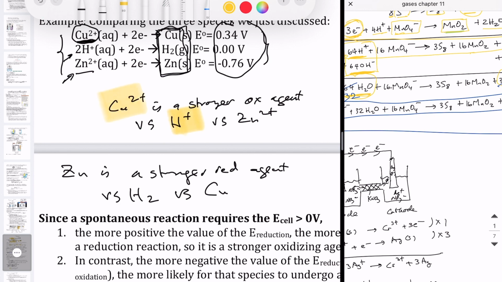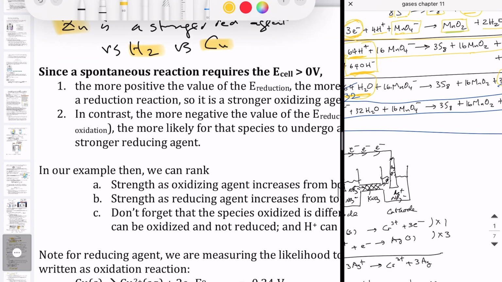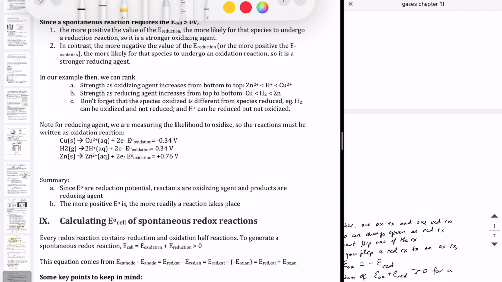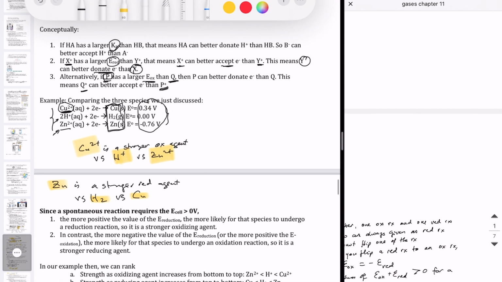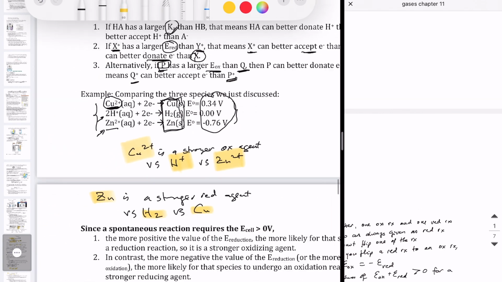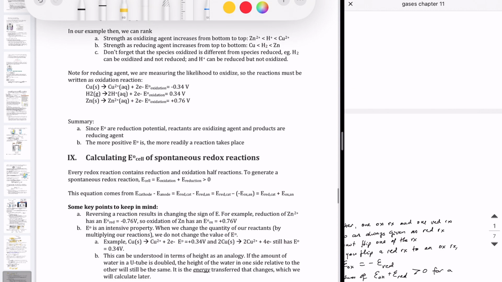Sometimes we're comparing the ion form, sometimes we're comparing the element form. It depends on what reaction you're thinking about: are you thinking about reduction or are you thinking about oxidation? So we just looked at how we can determine the strength of oxidizing and reducing agents by relying on the half-cell potential values in the table that I showed you in the previous section.